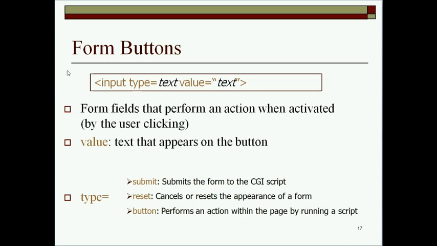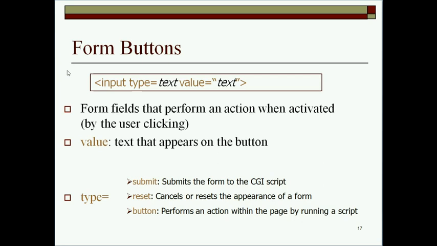The difference with buttons is that they're used as triggers for programming actions, and they're very useful when used along with scripting or programming, as we're going to see later. So these are fields that perform an action when activated or triggered by the user clicking on them.